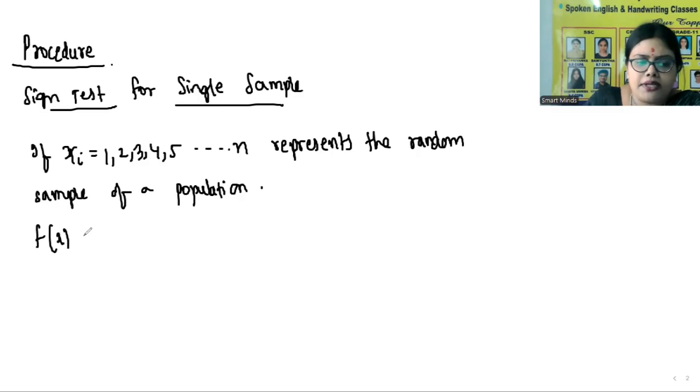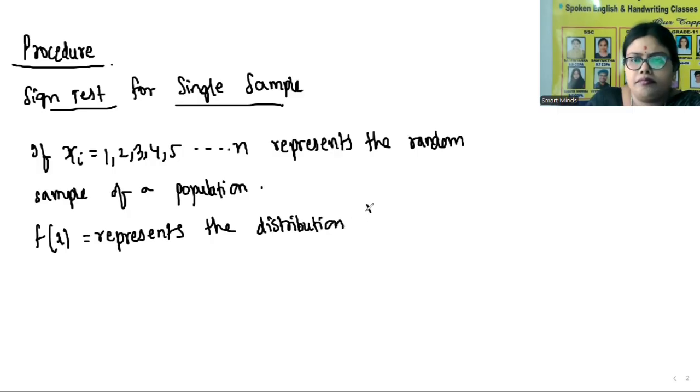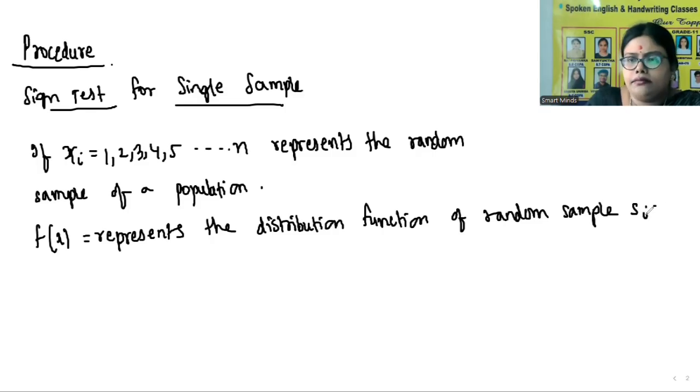F of x represents the distribution function of random sample Xi.